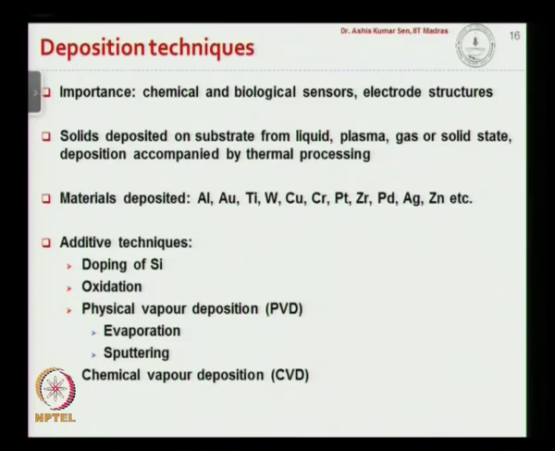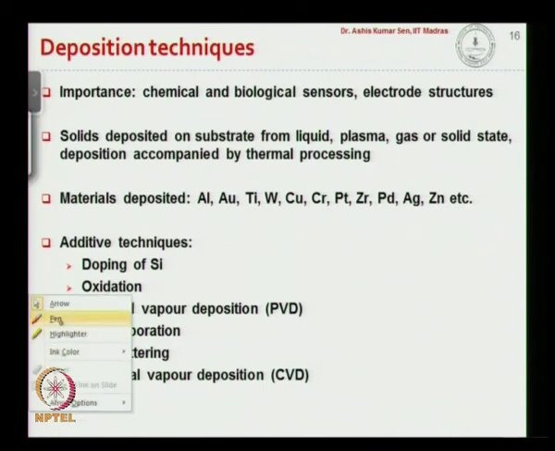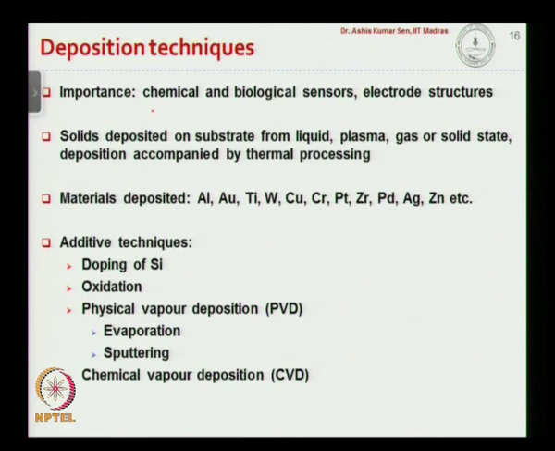Since we are talking about silicon-based microfabrication, let us understand what the doping method is, and then we will also discuss oxidation as part of the additive techniques. The deposition techniques have importance in micro devices, especially when we are talking about chemical and biochemical sensors, and in microfluidic devices as well.